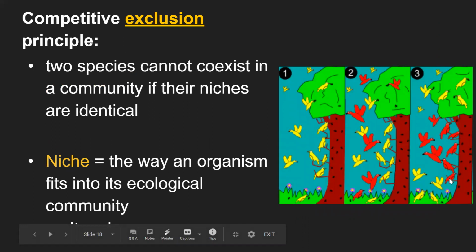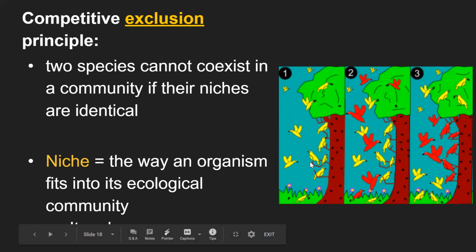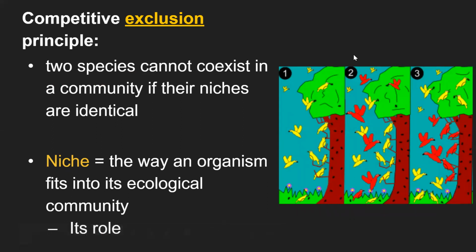We have the competitive exclusion principle. What that is: two species cannot coexist in a community if their niches are identical. So what I mean by a niche is the way an organism fits into its ecological community, or its role within that community. So, for example, in this little picture on the side, picture 1 has yellow birds existing, and then picture 2 has red birds coming into the picture.